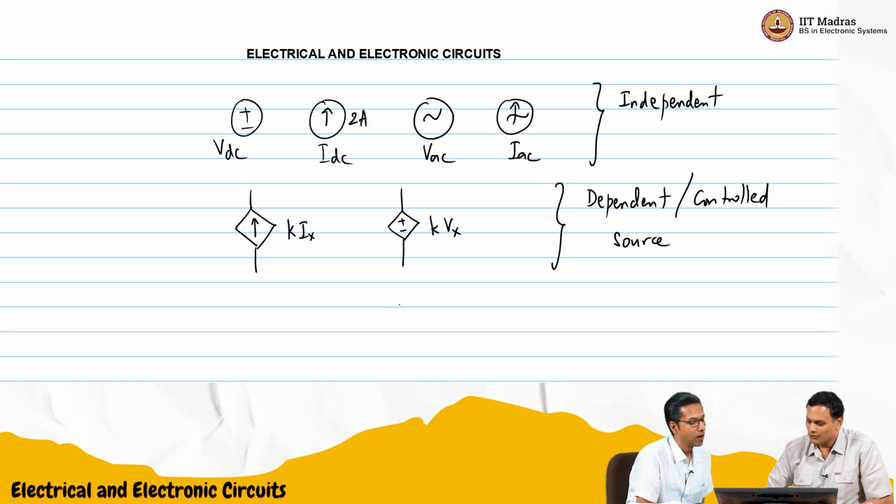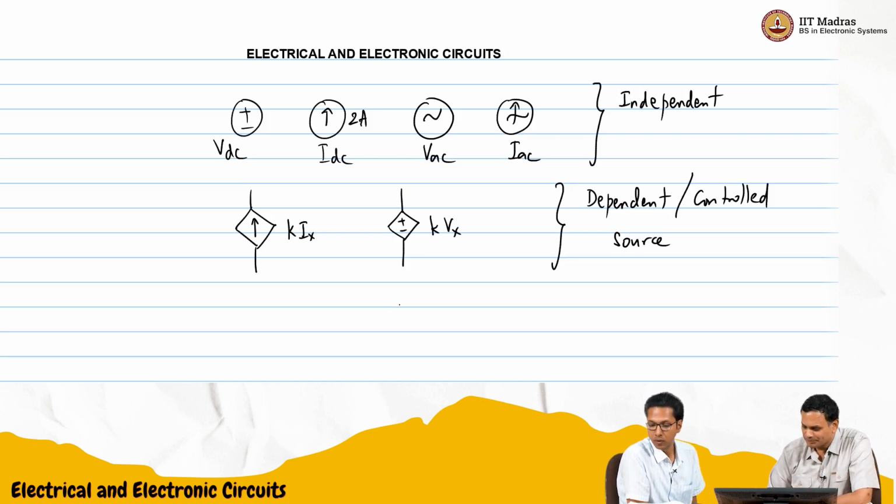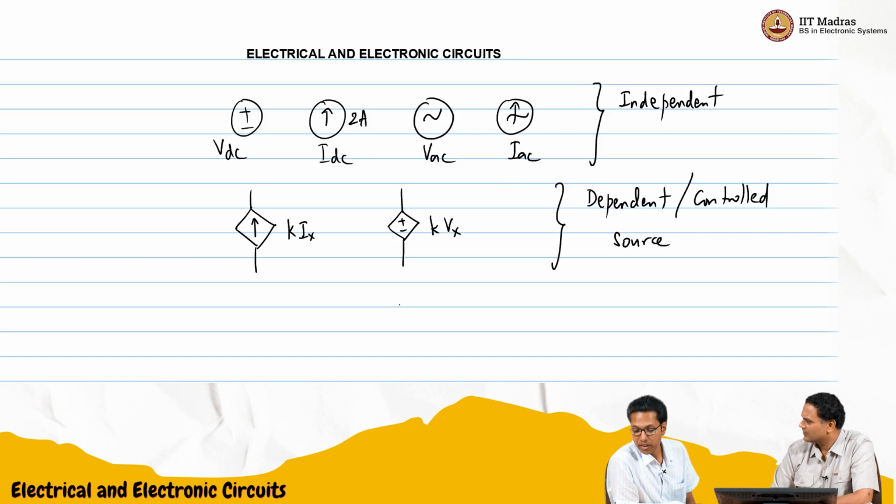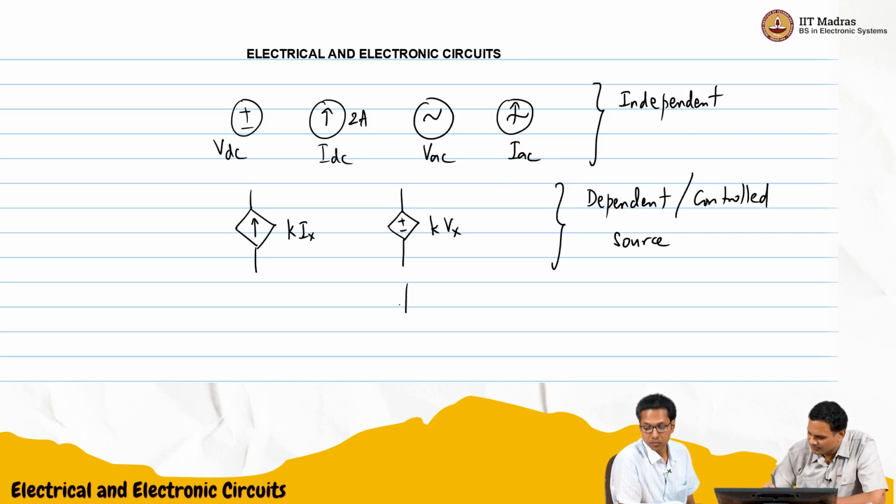I see that we have drawn K times IX and K times Vx. Do you see any other kind in the textbook? Again, a voltage source marked as R into Ix.